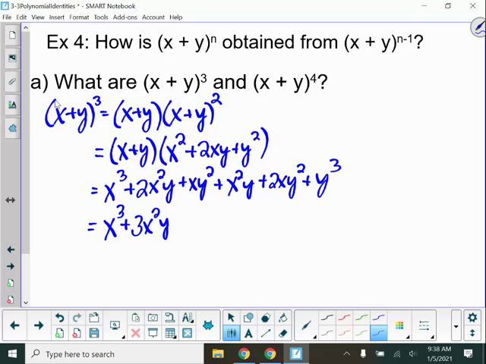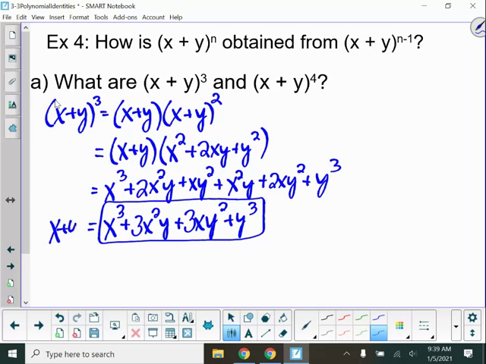I have xy squared and 2xy squared, so that's another 3xy squared, and then plus y cubed. So that is my solution for (x + y) cubed.